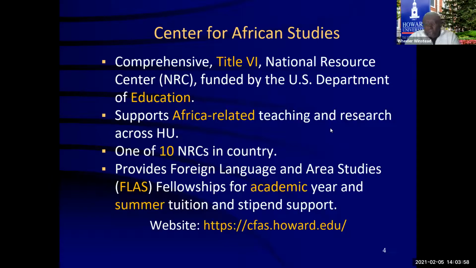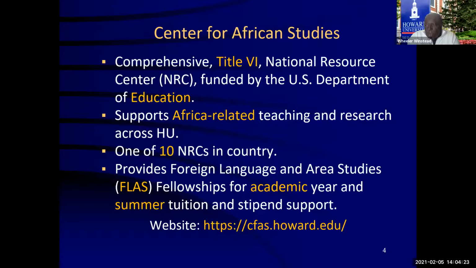The Center for African Studies here at Howard is a Title VI funded program. Title VI is funded by the Department of Education. We are here to support African-related teaching and research all across Howard University. We are one of 10 national resource centers in the United States, so we are in a very privileged position.